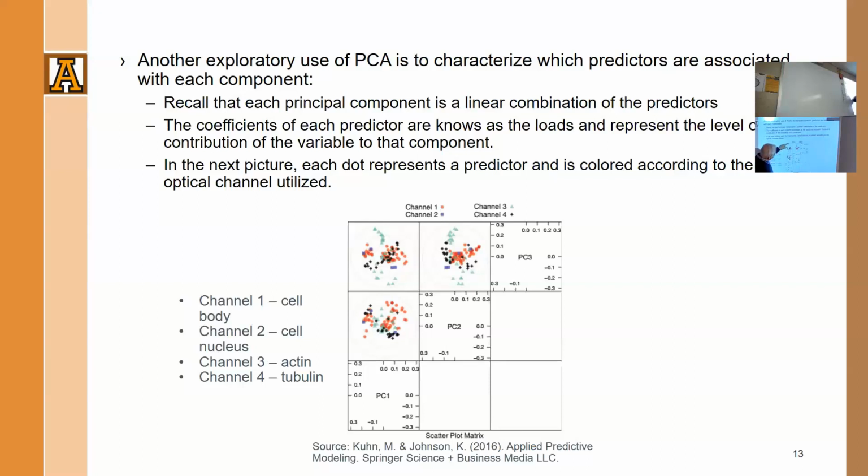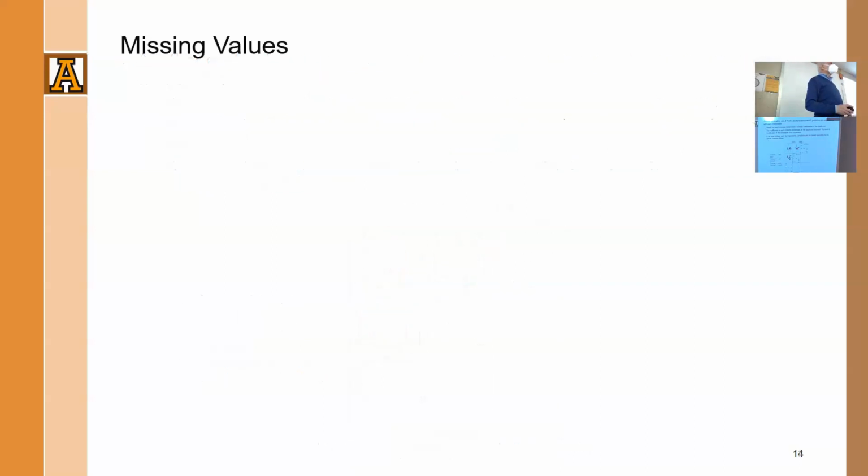PC1 versus PC2. And you can see, for example, that the variable that seems to load more in channel 1 is the cell body. And channel 2 would be the nucleus, channel 3 the actin, and channel 4 you see here will be tubulin. But that's information that is only relevant if the subject matter expert says it's relevant. Otherwise it doesn't add any value.